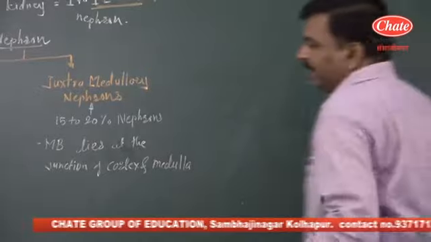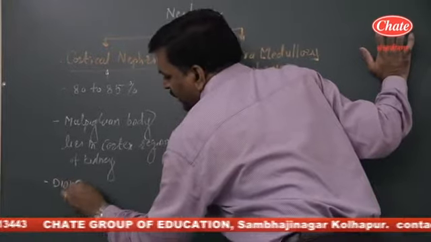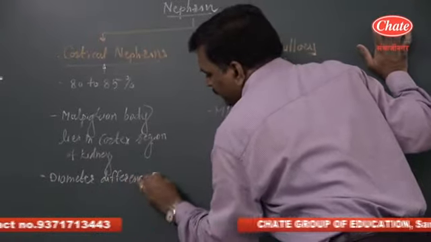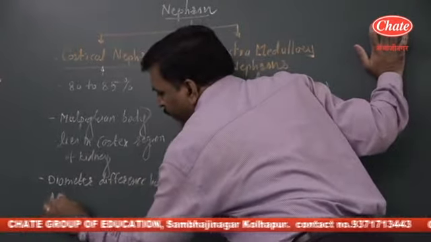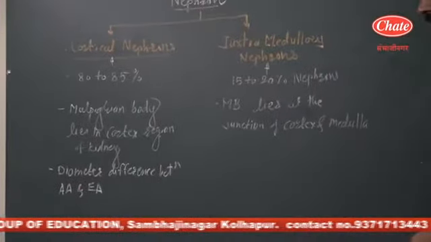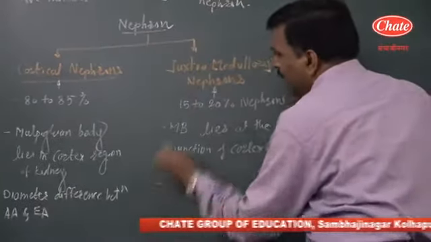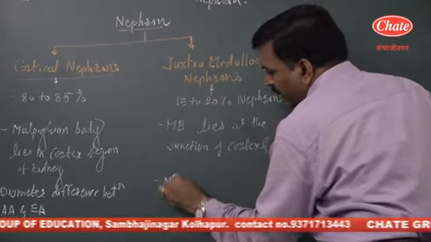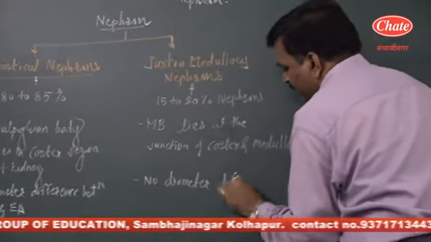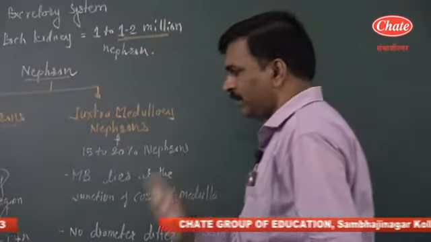This is the property. Next, in the cortical nephron we can observe a diameter difference between the afferent arteriole and efferent arteriole. The afferent arteriole has a bigger diameter than the efferent arteriole, while in the juxtamedullary nephron there is no diameter difference, meaning both arterioles have the same diameter.